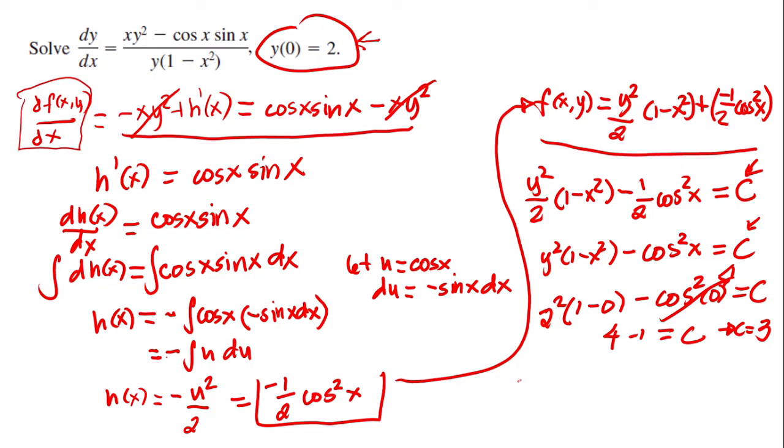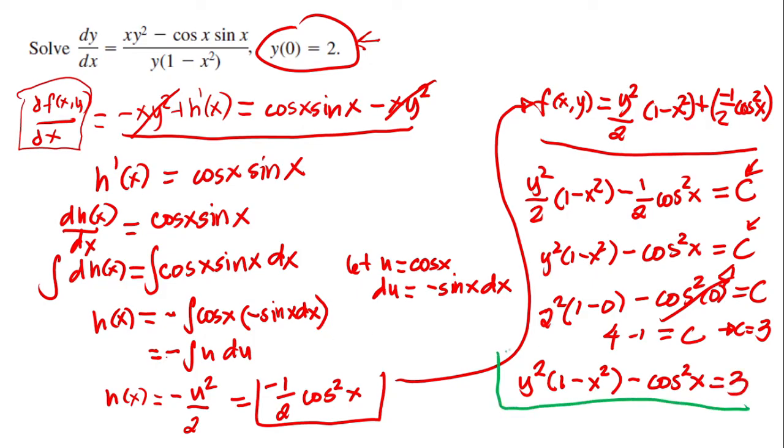Our implicit solution now is y squared times 1 minus x squared minus cosine squared x equals 3. This is the solution for the initial value problem of the exact differential equation dy over dx equals xy squared minus cosine x sine x over the quantity 1 minus x squared.